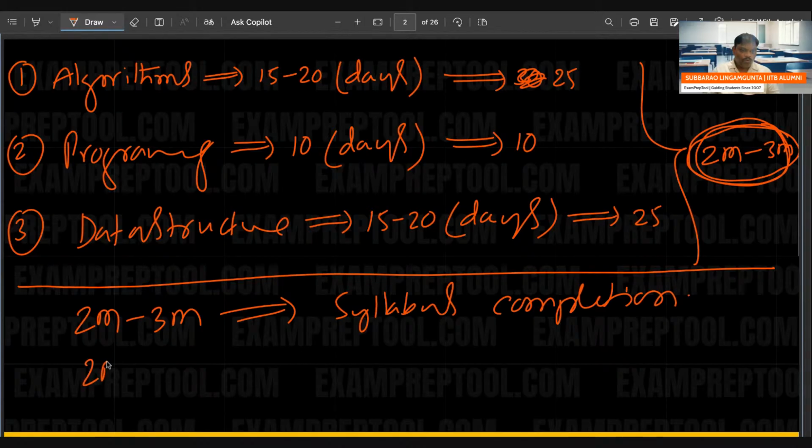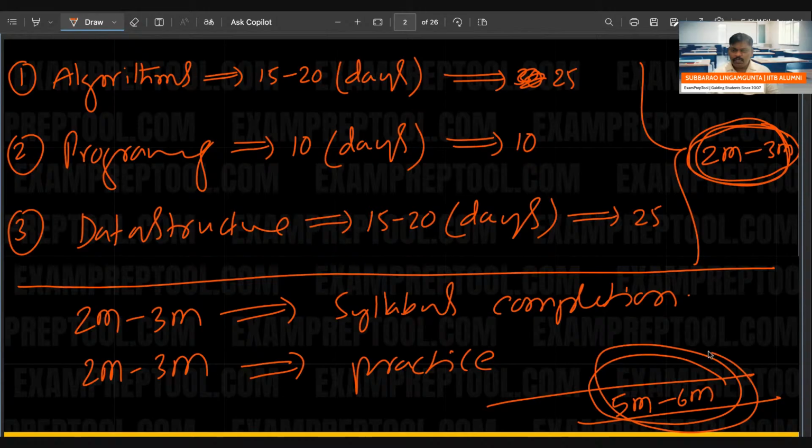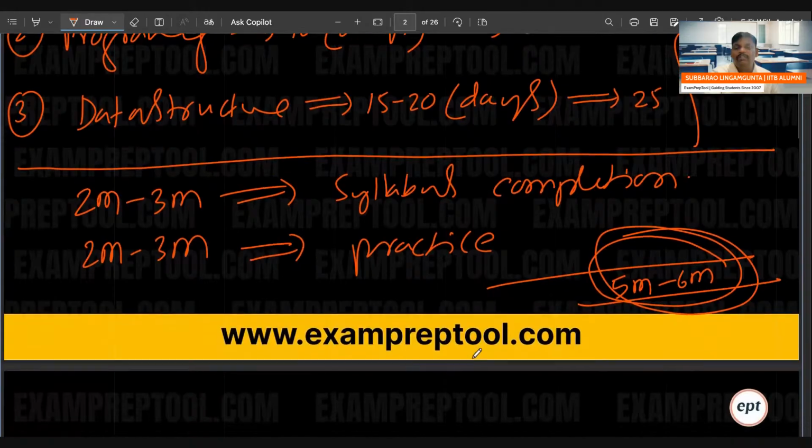Next one, 2 months to 3 months, practice. So overall, upper bound, I am saying within 5 months to 6 months, you will be perfect with the DSA. 2 to 3 months syllabus completion, 2 to 3 months practice, totally within 5 to 6 months.